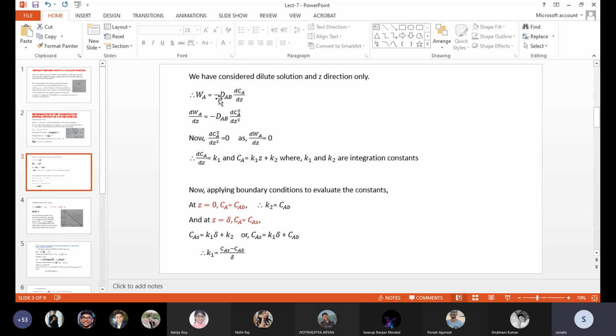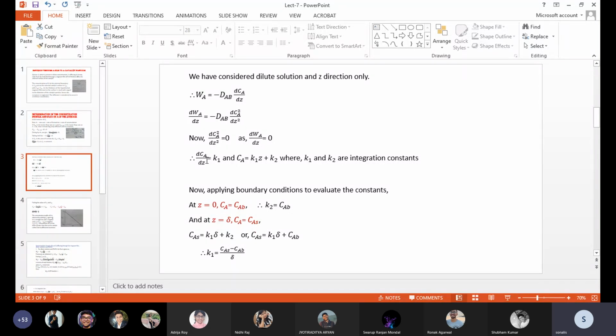If we differentiate this, dWA/dz is equal to minus DAB d2CA/dz2. Now, as dWA/dz is equal to 0, and in the last slide we have seen DAB cannot be 0, d2CA/dz2 is equal to 0.